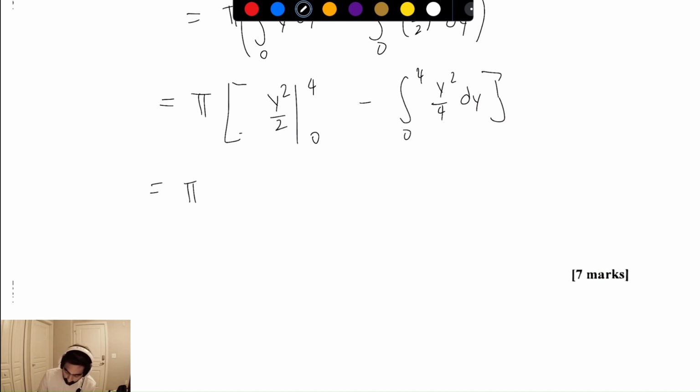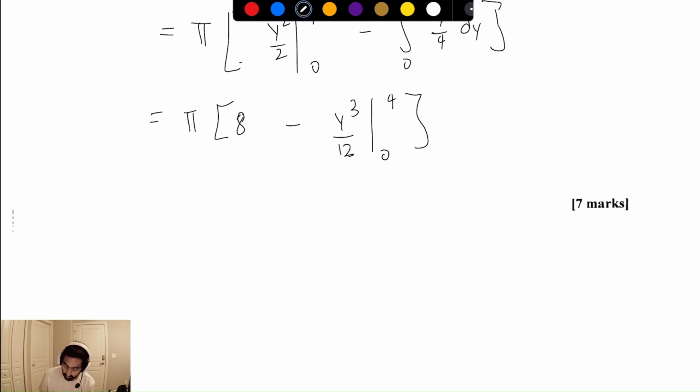Okay, if I plug this in, the 0 will just be 0, and then 4 squared is 16, so that is 8 here, minus y cubed over 12 from 0 to 4, and again the 0 term will just be 0, so it's just going to be pi times 8 minus 4 cubed over 12. What's 4 cubed? 4 cubed is 64 over 12.